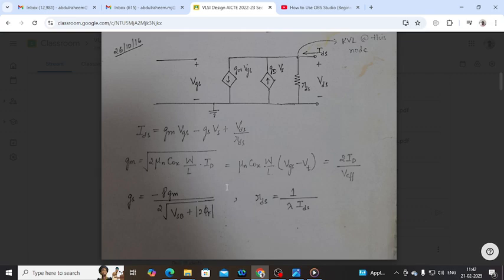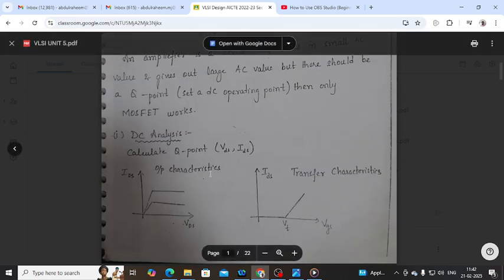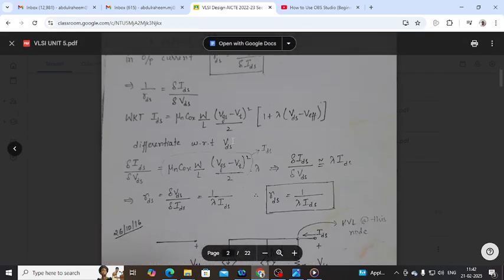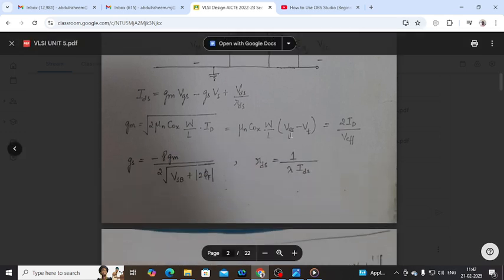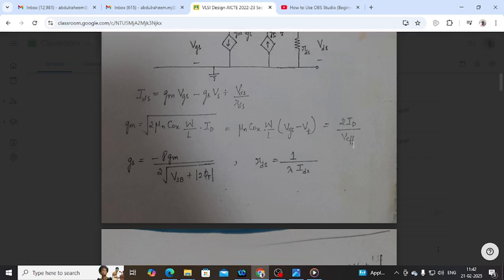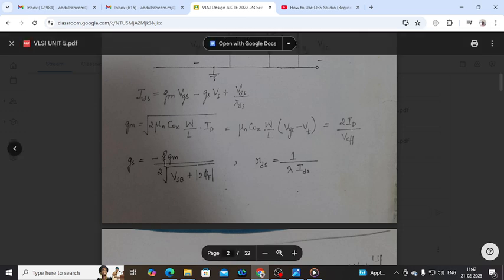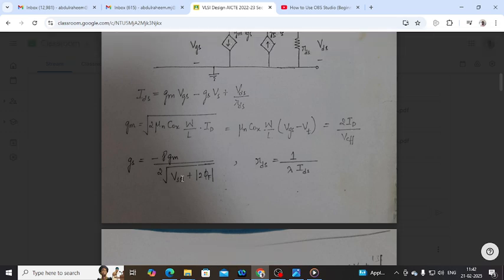One is the common source amplifier circuit diagram, then the equivalent circuit. What is RDS? You have three equations. One, RDS is 1 by lambda IDS. GM is 2 into ID by effective voltage. And GMB is gamma GM by 2 root of VSB plus 2 Fermi. This is your DC analysis. You have three equations and two circuit diagrams. This is about the DC analysis.